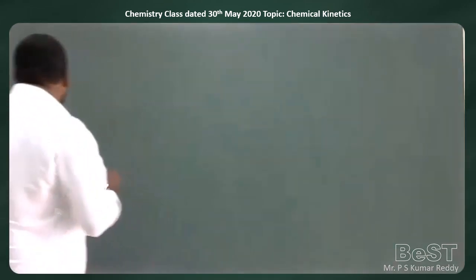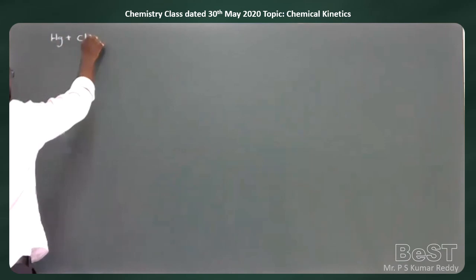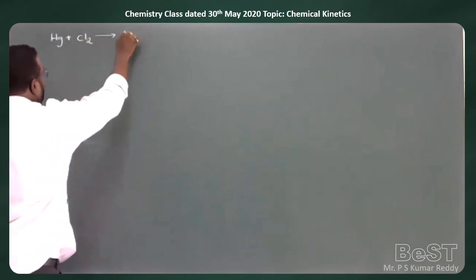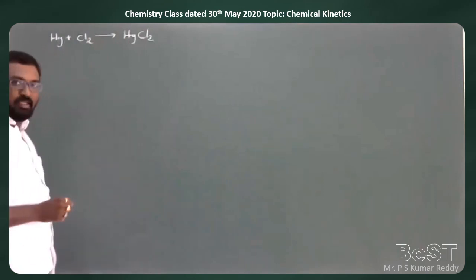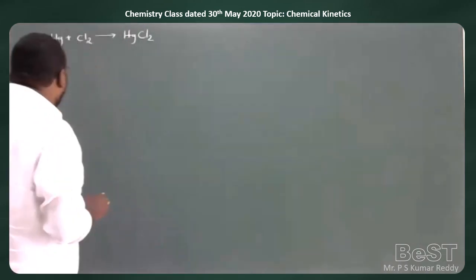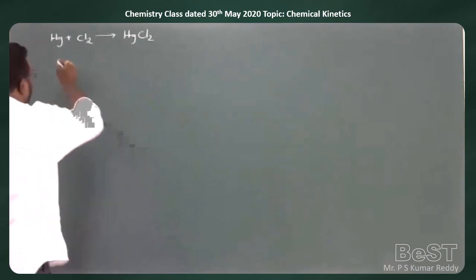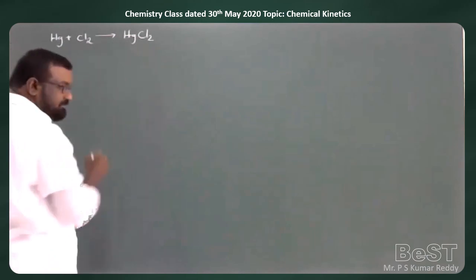So here, the first reaction I am taking is Hg plus Cl2 gives rise to HgCl2. Here in this reaction, mercury is reacting with chlorine to produce mercury chloride.